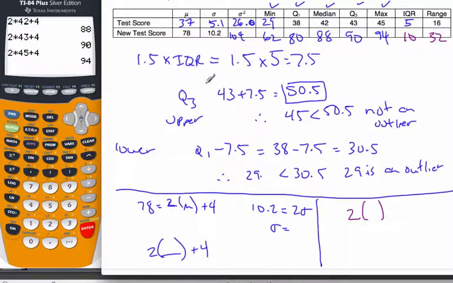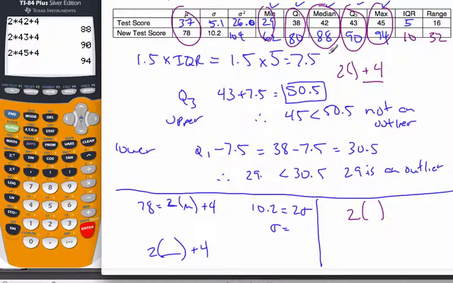So when I have these transformations of 2 times a number plus 4, the plus 4 happens only on landmark values, like all these ones here, and the mean. All the spread values only get doubled. They do not get 4 added. This is also a new syllabus topic of 2014. You won't find it in past papers.